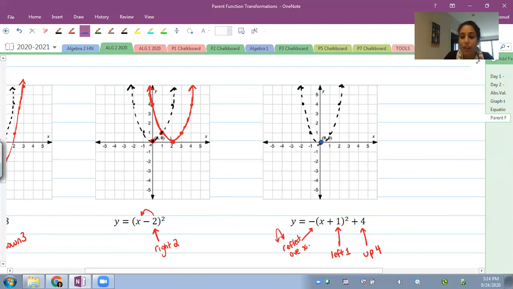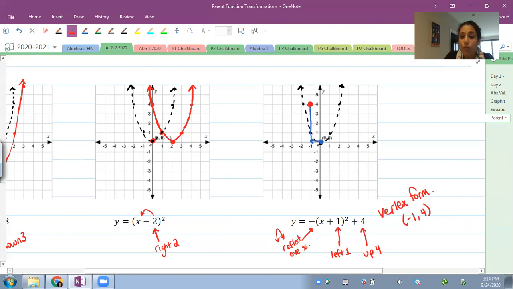It's going to the left 1, and it's going up 4. 1, 2, 3, 4. Here's my new vertex. If you remember, this is in vertex form, which means that the vertex is the opposite of this and the regular of this. So my vertex is going to be -1, 4, which is what we get here.